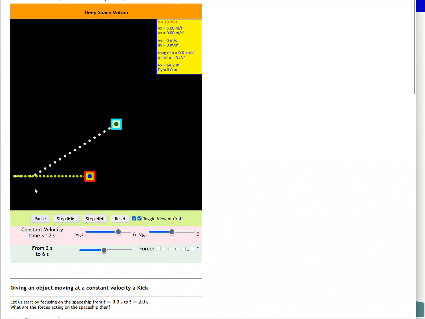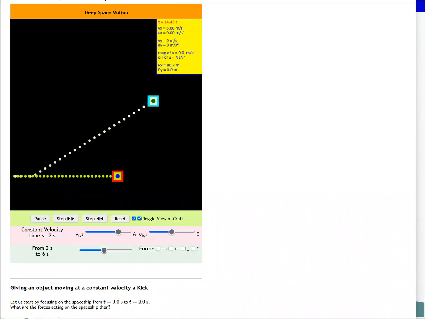And the idea is the same. We are trying to reproduce the motion of the cyan one. So we might need to first alter the initial velocity of the red one so they are matched at the beginning. You see they're not matched. And then decide when to apply the force and for how long.